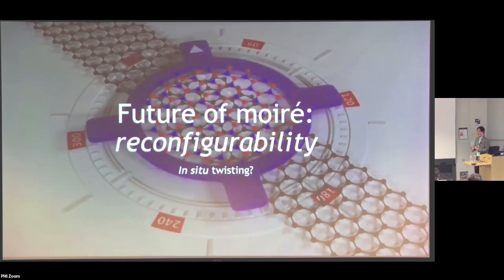As an experimentalist at least, how I think about this is that all of the devices we have studied are one of a kind. Every time you make a device, the twist angle is fixed, you can't change it, and every device is slightly different. This is really unfortunate, and I think it hinders a lot of the interpretation of physics.